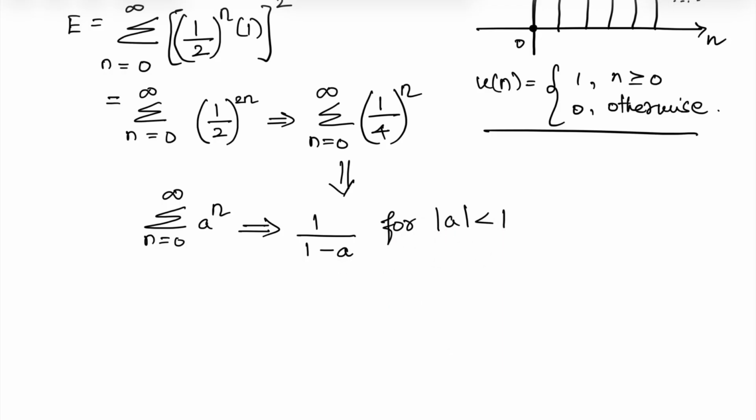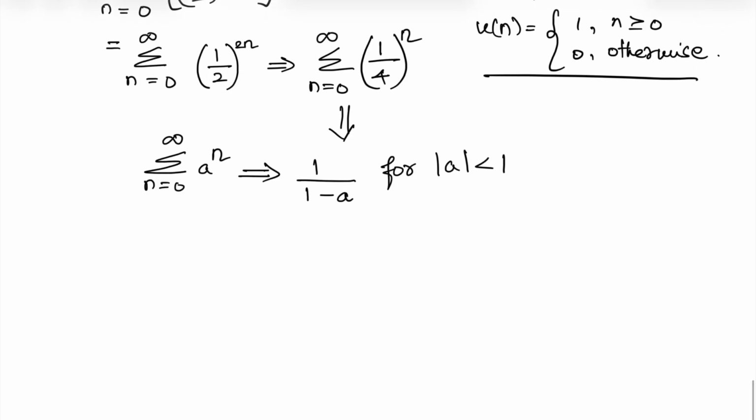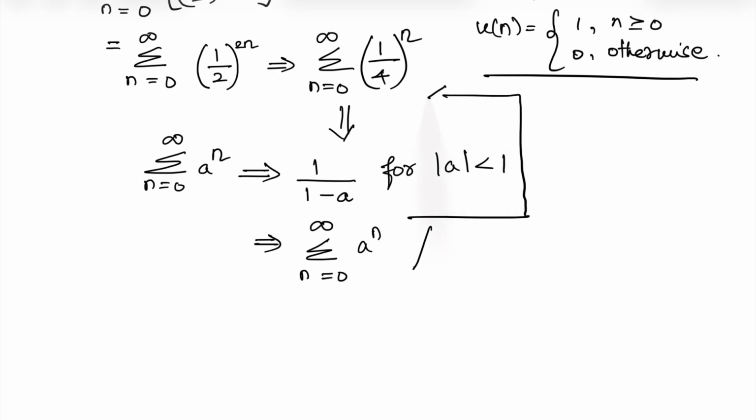If I compare these two, in the place of a, I have 1 by 4. So substituting it, I get 1 divided by 1 minus 1 by 4.